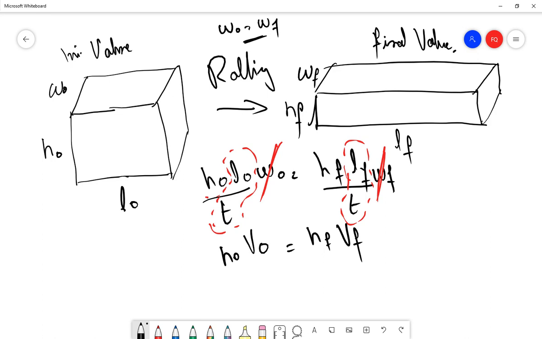Now the process is continuous. This means that this is going in and this is coming out of the rolling mill. So the time for both is the same, and the velocity of this side would be lower, because this will need low velocity to go from point A to point B.